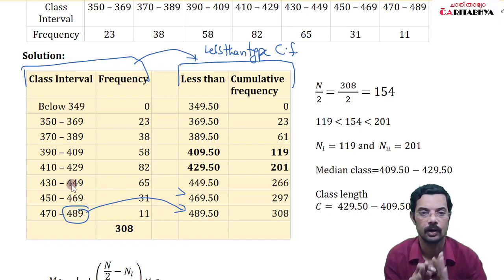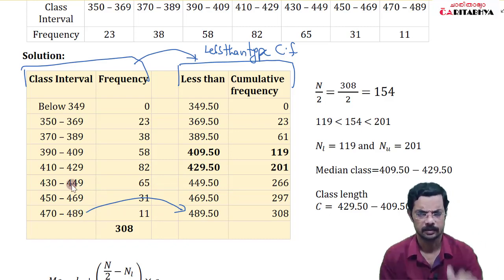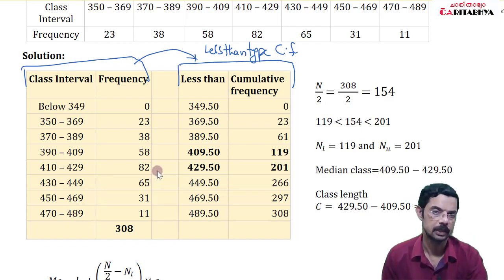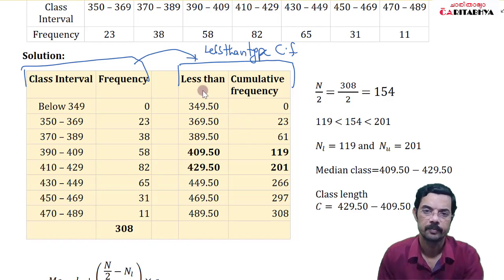They are extended on either side. We know how to make inclusive classes exclusive. So that is the first step: we take the upper boundary points.